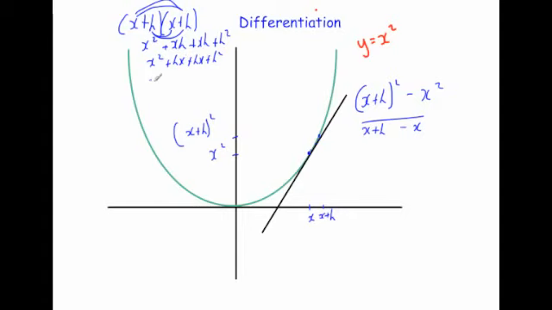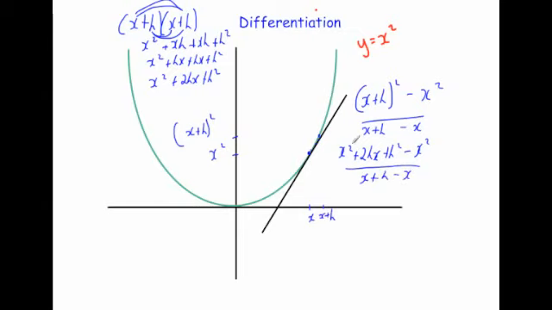And then these would be x squared plus 2hx plus h squared. So the top line becomes x squared plus 2hx plus h squared, and I'm subtracting x squared. And that's all over x plus h minus x.